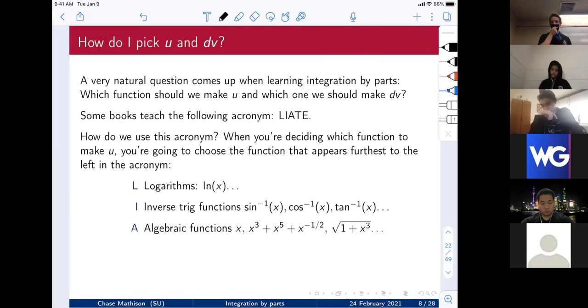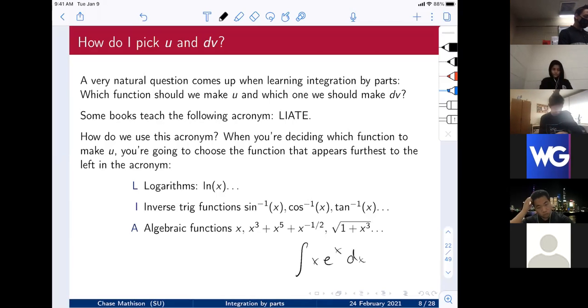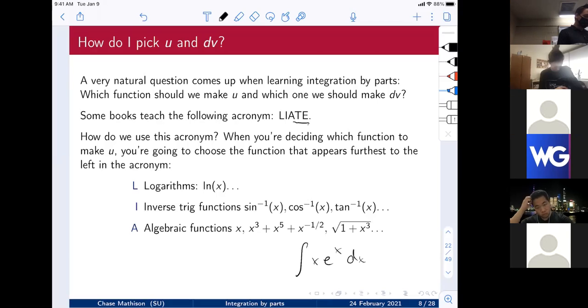A stands for algebraic functions. These are combinations of x's to powers, sums and differences of those, along with square roots and all roots. So if I have the integral of, say, in that very first example, x e to the x dx, well, we're going to see what category e to the x falls under.